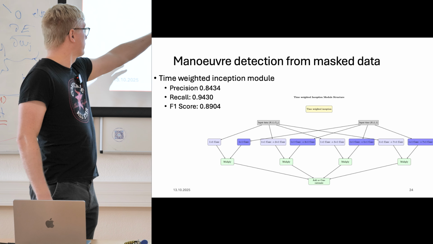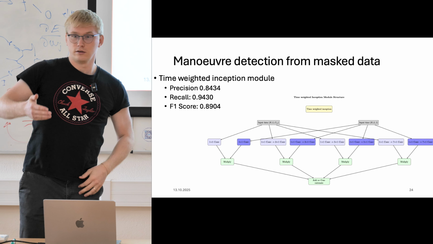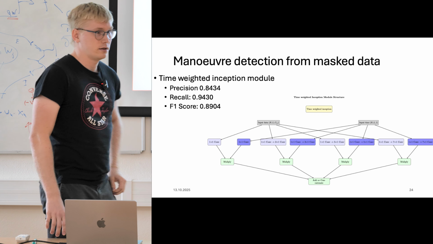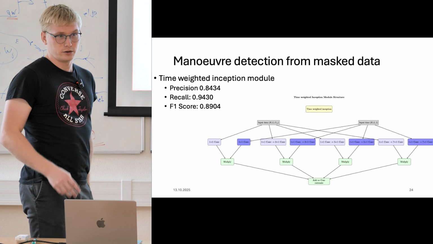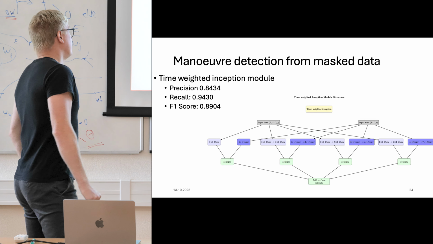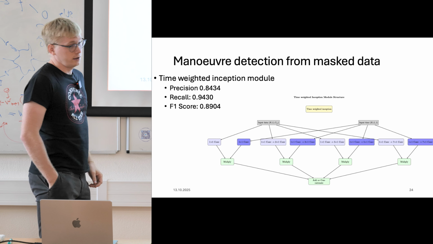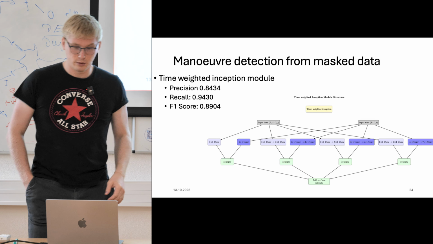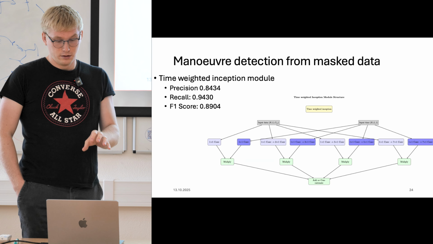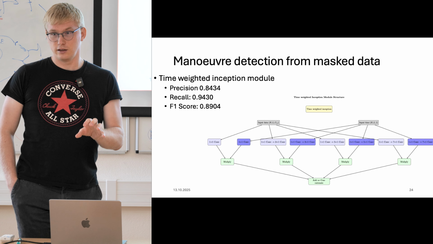So this is a time-weighted inception block, and then I have a network which has several blocks of these and some other linear layers to encode the input and output features. And with that, I get an F1 score of 0.89, which is the best I was able to get. To be honest, I still haven't managed to test this on the validation dataset.